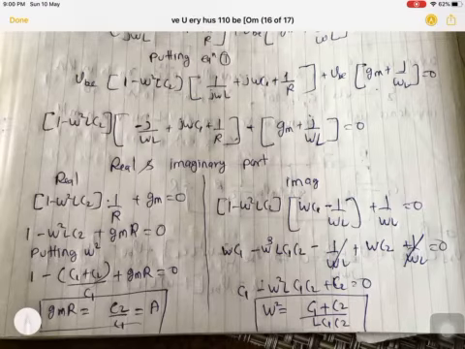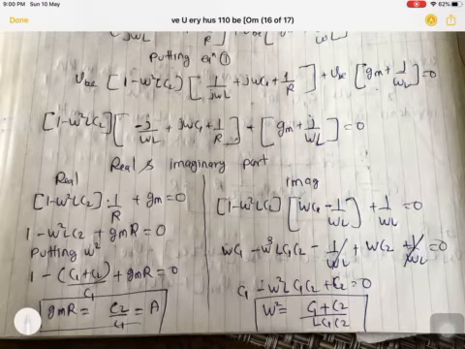Solving this, multiplying, omega C1 minus omega cube L C1 C2, then minus 1 by omega L plus omega C2 plus 1 by omega L. This cancels with this. The equation becomes omega square equals C1 plus C2 divided by L C1 C2.